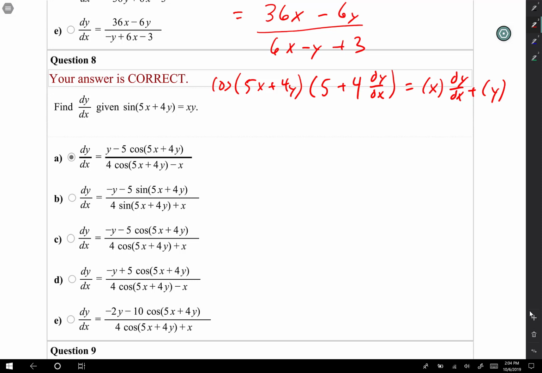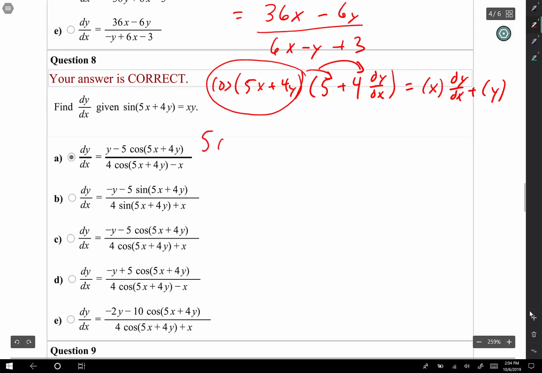So now what we have to do is solve for dy/dx. I'm going to distribute all of this like so. Here we go. I'm going to have 5 cosine(5x plus 4y) plus 4 dy/dx cosine(5x plus 4y) equals x dy/dx plus y.